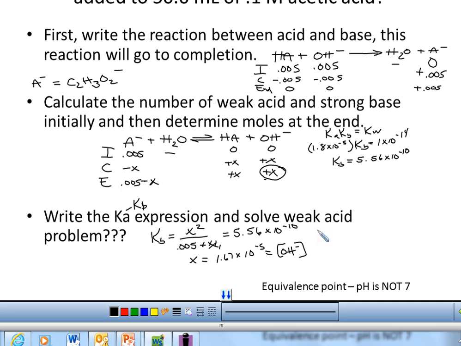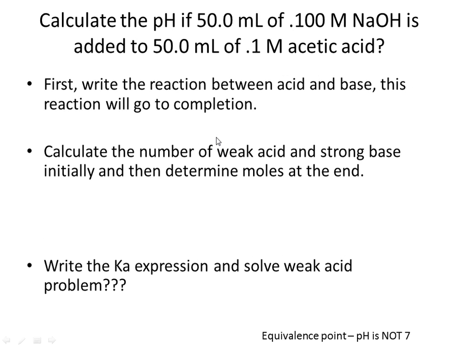So I can find the pOH, taking the negative log of that, and I find the pOH to be 4.78. pH then is 14 minus that, because of that pH-pOH relationship, and I will get 9.22 for that pH. And as you see, it's not a pH of 7, it's a basic pH, because we end up having conjugate base in our reaction. One last part, I believe.